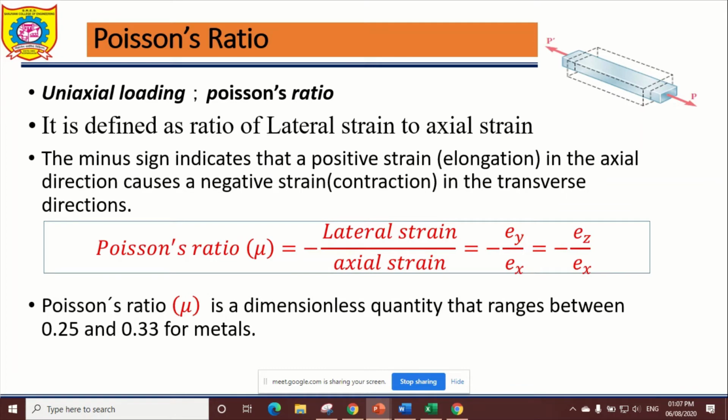But here, for all the metals the values vary from 0.25 to 0.33, and it is a very important property of the material. When you apply the load, according to our requirement there can be a variation in the lateral strain, or we can require more deformation, or we can require less deformation.